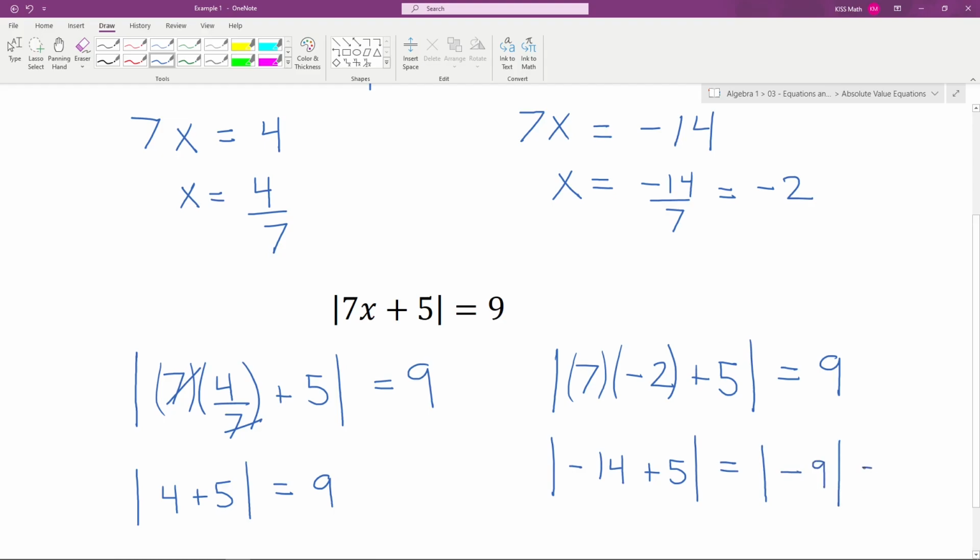And the absolute value of negative 9 is positive 9. So both of these answers check out. So we will have two solutions to this equation: x equals 4 over 7 and x equals negative 2.